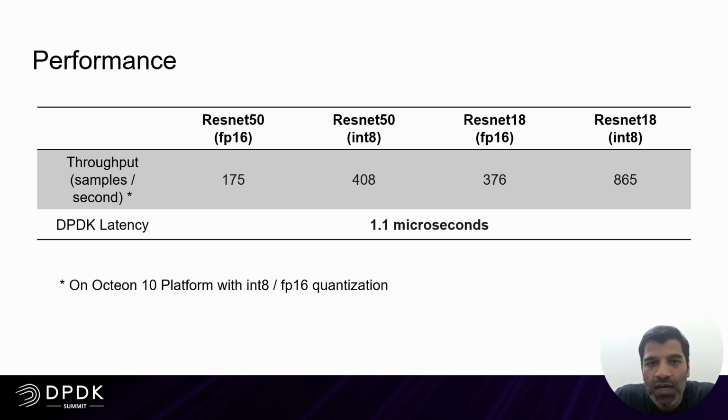We observed a throughput of 175 or 408 samples per second with the ResNet 50 model, based on the quantization type that we have used, and similarly 376 or 865 samples per second for the ResNet 18 model, depending on the quantization type. What I would like to really highlight in this slide is the extra latency that DPDK adds to enqueue or dequeue the inference operations, which is as low as 1.1 microseconds.